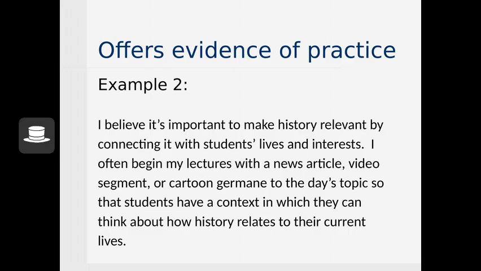So rather than saying, "I often begin my lectures with a news article," you may say, "I plan to begin my lectures with a news article," or "I will begin my lectures with a news article."